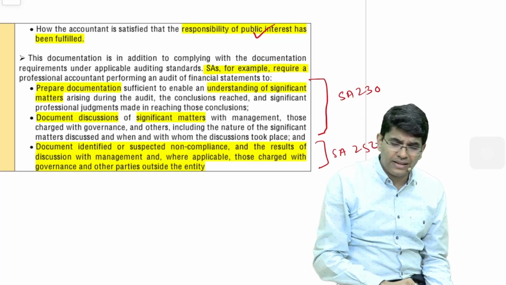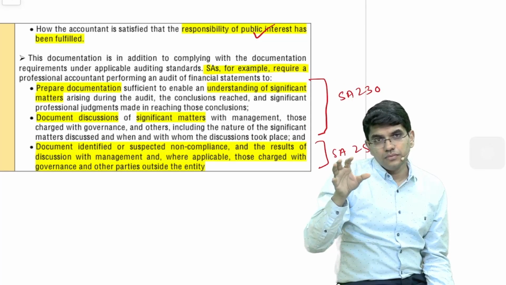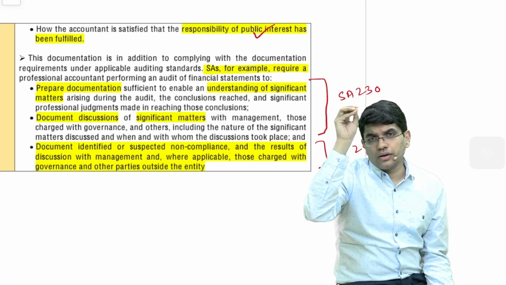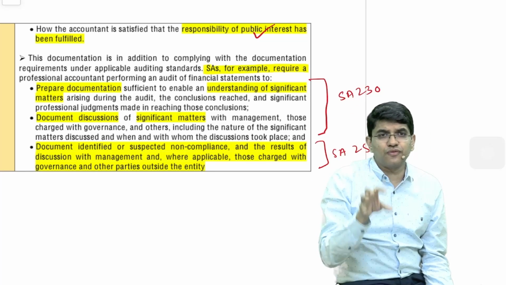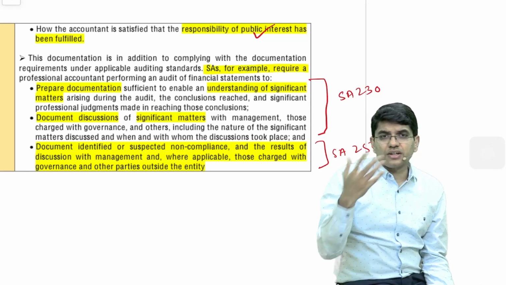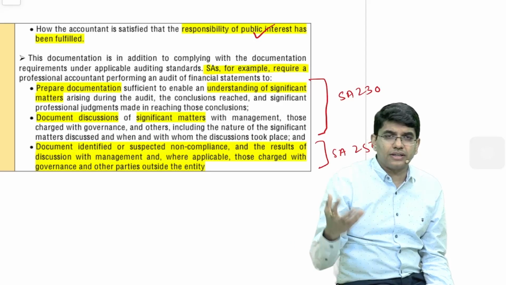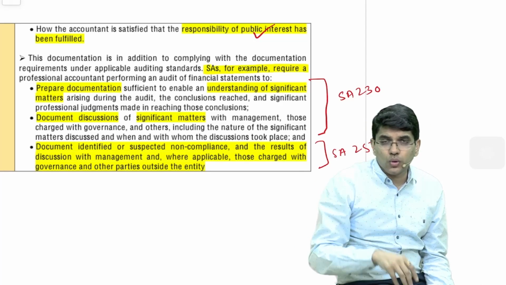A complete understanding of the significant matter, the important points and conclusions, everything should be documented, specifically discussions. What discussions you had with TCWG, management, employees and experts, and what points were discussed, those details should be documented.